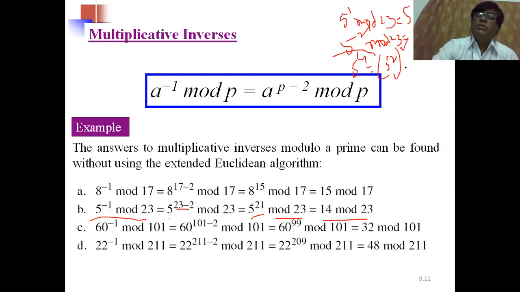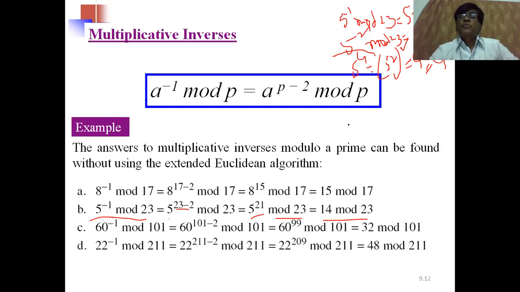So already we have the 5 square value 2. So that's why 2 into 2 is 4. 4 mod 23 is equal to 4. So we have 5 power 1 is 5, 5 square mod 23 is 2, 5 to the power of 4 mod 23 is 4.